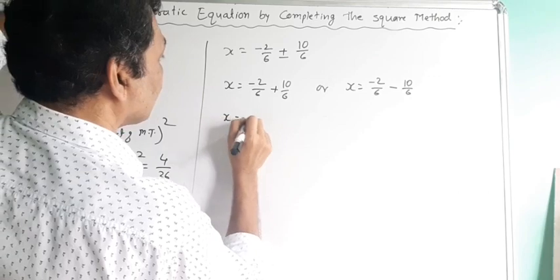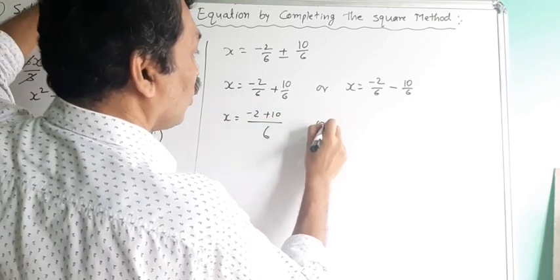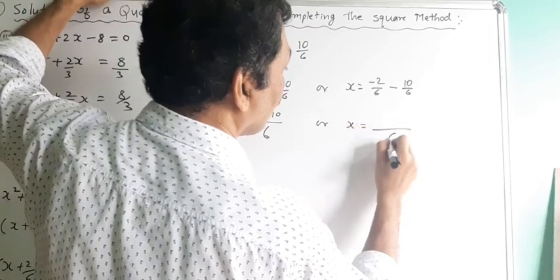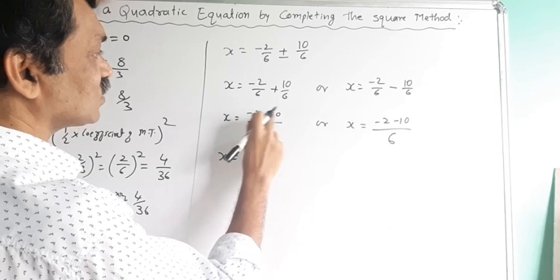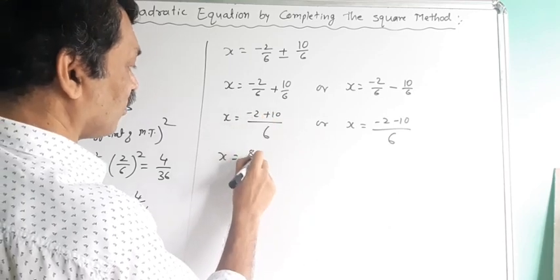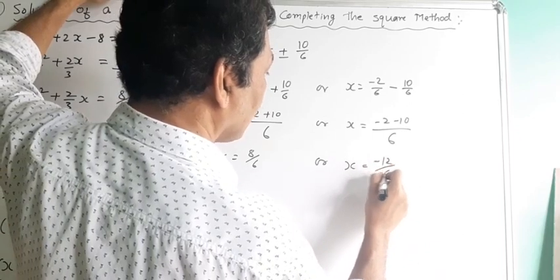This will give us x equal to, with 6 common, minus 2 plus 10, or x equal to, with 6 common, minus 2 minus 10. So x is equal to minus 2 plus 10 is 8 upon 6, or x is equal to minus 12 upon 6.